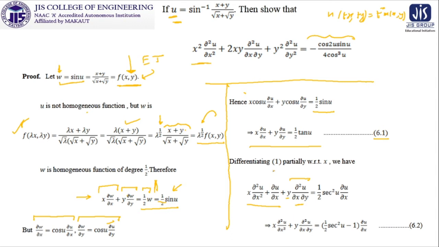So finally what we get from this calculation is x ∂²u/∂x² plus y ∂²u/∂x∂y is equal to half sec² u minus 1, because I have taken ∂u/∂x common to get this one, half sec² u minus 1.